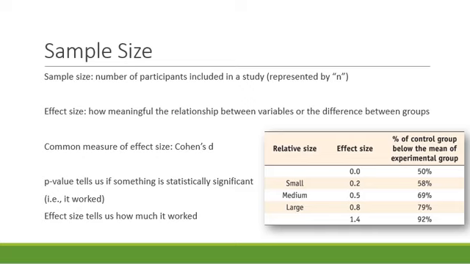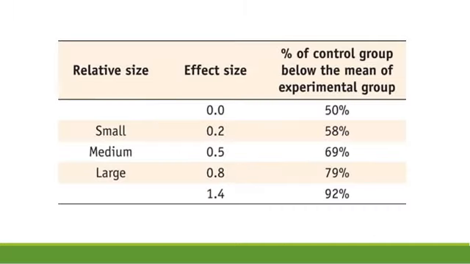The p-value tells us if something was statistically significant, in other words, it worked, but the effect size tells us how much it worked. Cohen suggested that an effect size of 0.2 is considered small, 0.5 is a medium effect size, and 0.8 is a large effect size.